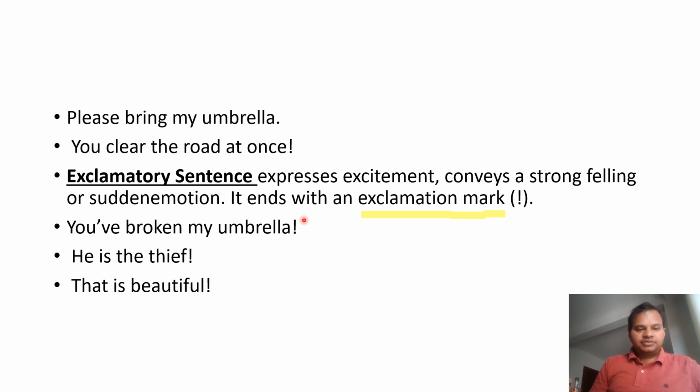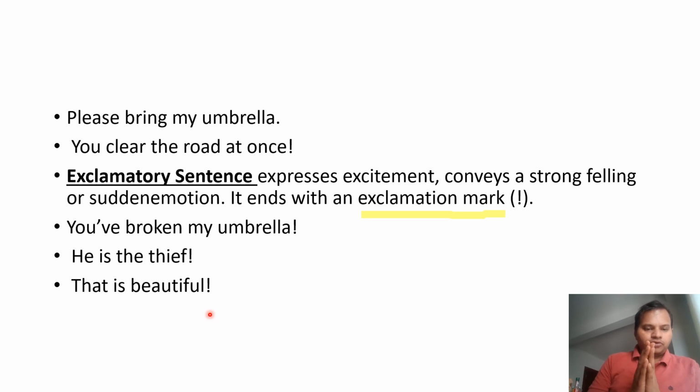It's a strong feeling, sudden emotion. You can say, he's the thief. It's a strong feeling, that is beautiful. It represents excitement. So all kinds of these feelings express excitement, convey a strong feeling or a sudden emotion. It ends with an exclamatory mark.